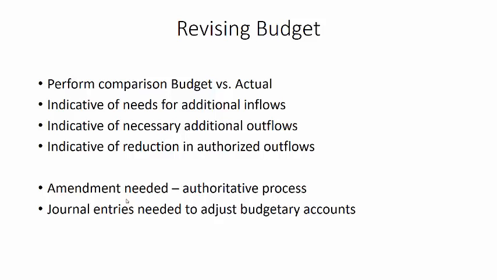In regards to revising our budget, we will do comparisons using these budgetary control accounts of our results, comparing our budget to our actual results. We can look at our revenues all the way down to by sources. We can look at those estimated revenues by source versus the actual revenues by source.